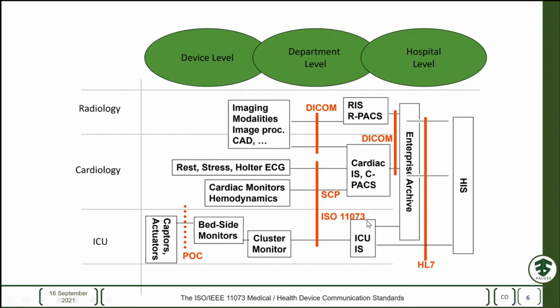Here we have the position of ISO 11073, which is essentially related to the connectivity of all types of devices that are using vital signs like stress Holter or cardiac monitors, bedside monitors, for example.